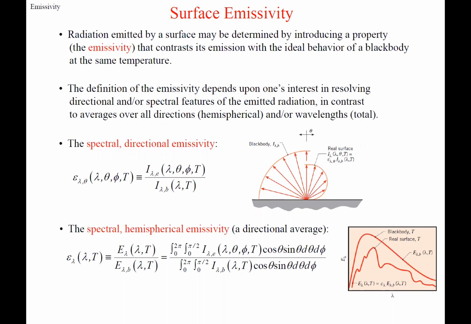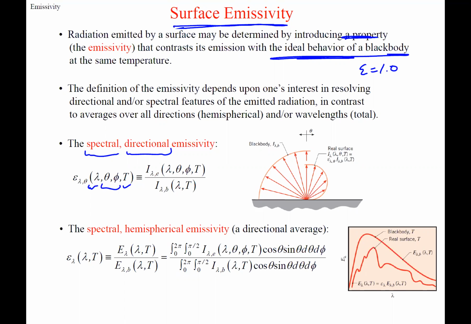So if we first start with the surface emissivity, its property, the ideal one again for a black body has an emissivity of 1. For any given surface, it has spectral and directional dependence. So here's our direction, and then temperature plays a role too with the emissivity.